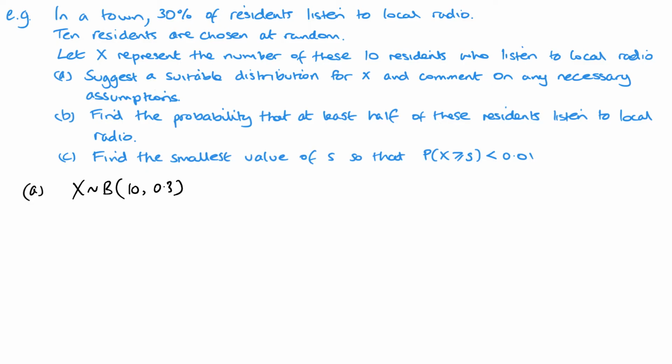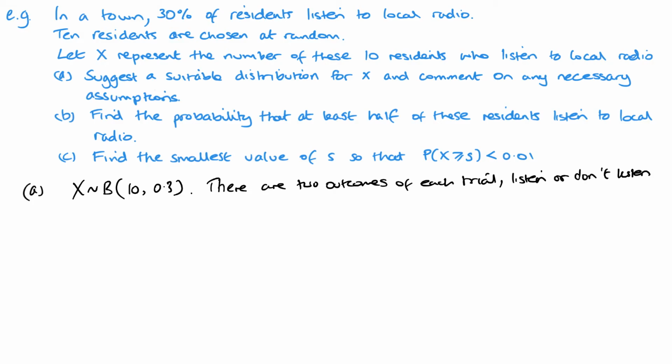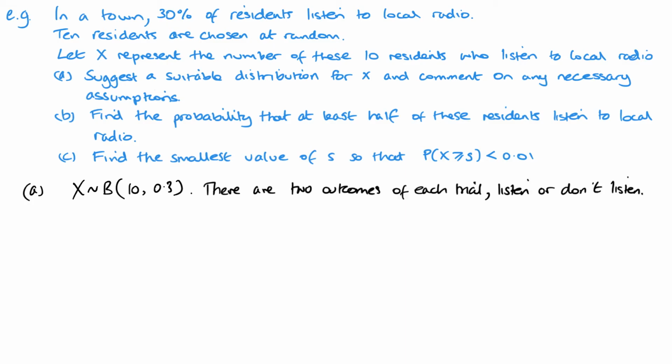And then we also need to comment on any necessary assumptions. So our assumptions are the same as they always are. So there are 2 outcomes. And the 2 outcomes are listen or don't listen, isn't it? Nothing else.